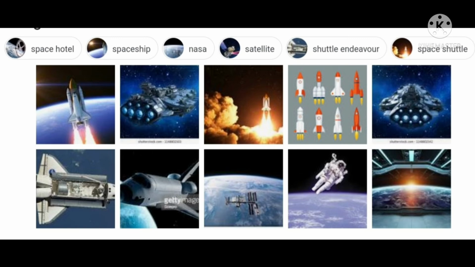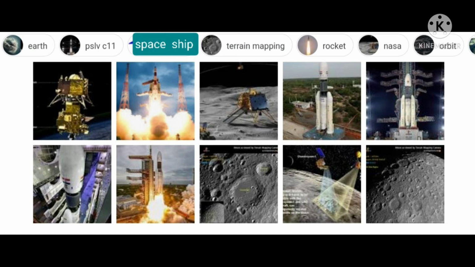So these satellites keep on revolving around the earth, just like moon. Moon is our natural satellite, and these are the artificial satellites. Some are sent by NASA, some are sent by our ISRO. Now see these spaceships which are sent by NASA and Indian Space Research Organization, that is ISRO.